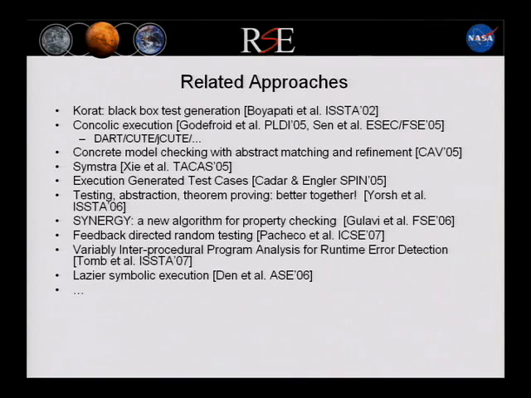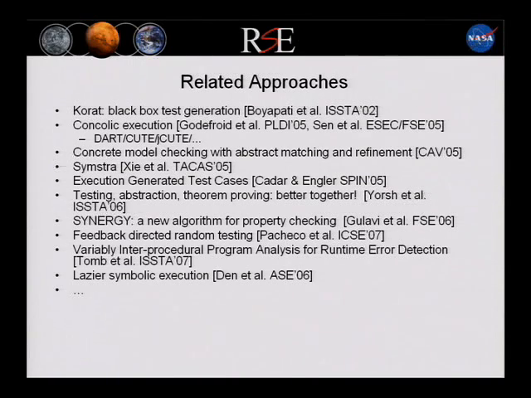Then you take the constraints, negate one conjunct, solve them, and get inputs that steer the execution towards another path that exercises different parts of the code, and so on. This was started by Patrice Godefroid, who is now at Microsoft, and also Koushik Sen, who is at Berkeley now. There are several different tools for C and Java that perform that.